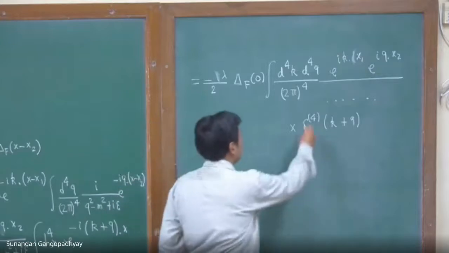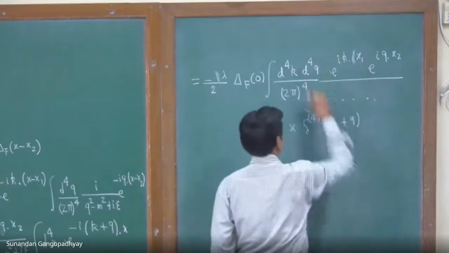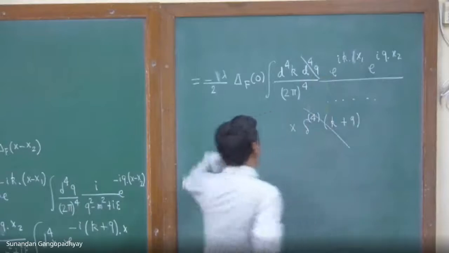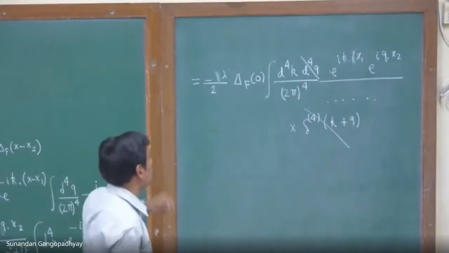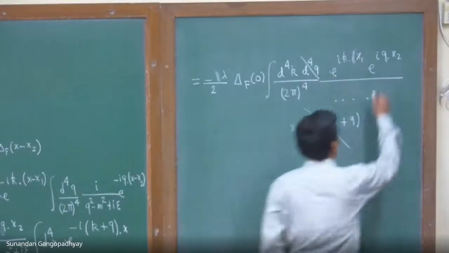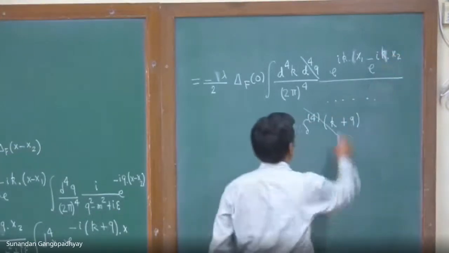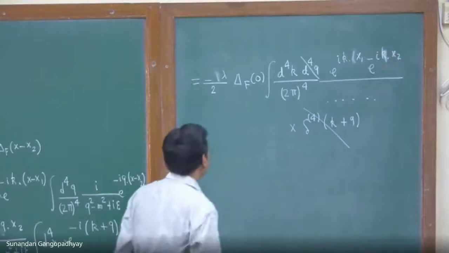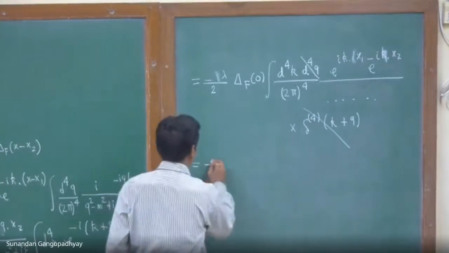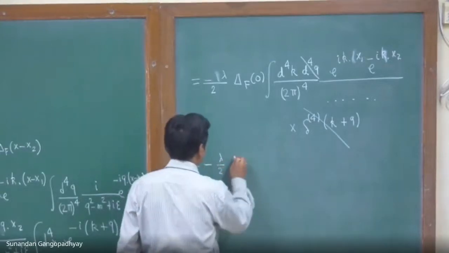And if we perform the Dirac delta function now, say perform the integral over q, then that will give us minus p over here, and all these factors will be minus k. So ultimately what we shall have is lambda by 2.